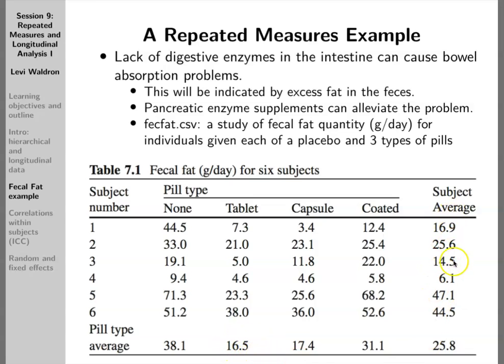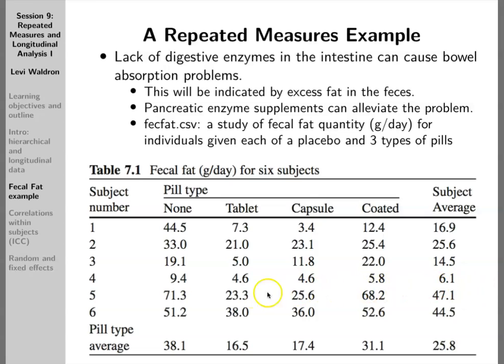But looking at the subjects, we also notice here that there's a big difference in the average fecal fat secretion per subject, varying from as small as 6 grams per day, averaged across all treatments for subject 4, to as high as 47. So this starts to get at why this hierarchy is important.